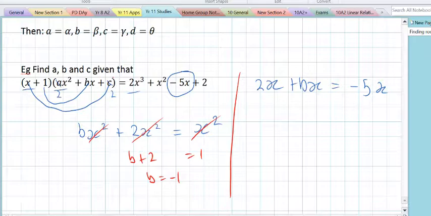Just checking this then. x on x squared gives you 2x squared. It's the question. In the review set, it's x take 1, ax squared plus bx plus c, equals 2x cubed plus x plus 2.